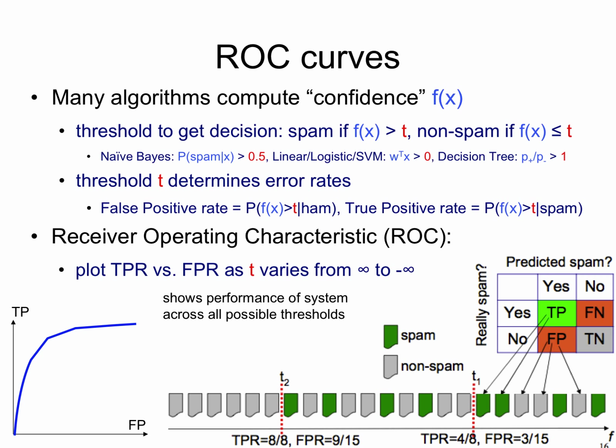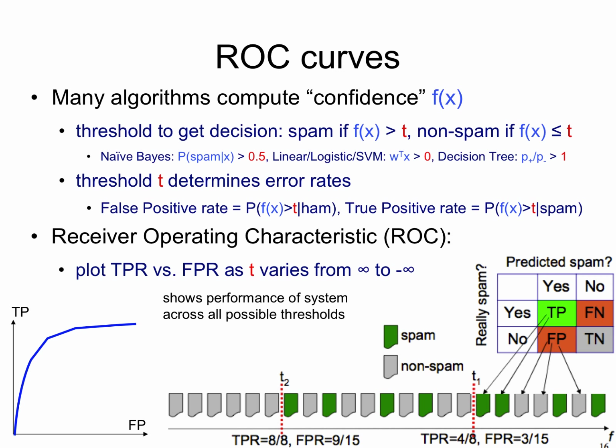So what I'm going to do is set a threshold very, very high initially. Right? If I set a threshold right here, what's my true positive rate? 0. Okay, what's my false positive rate? No, it's not 100%.